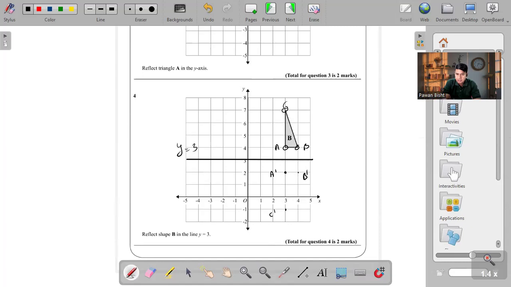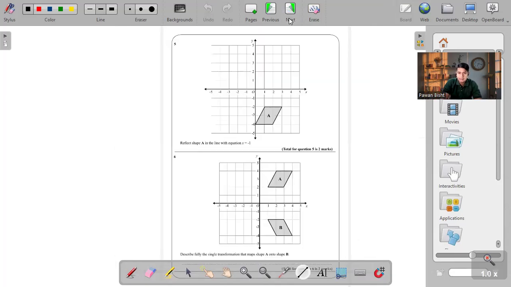This is C dash. Join it. A dash, B dash. So this is the reflection of this triangle in the line y equals 3. Clear? I hope it is clear, right?